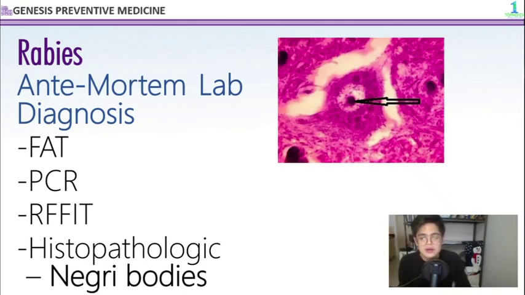Yun yung RFFIT, which stands for Rapid Fluorescent Focus Inhibition Test. So these are basically serum neutralization assays, sort of similar to ELISA antigen antibody assays.